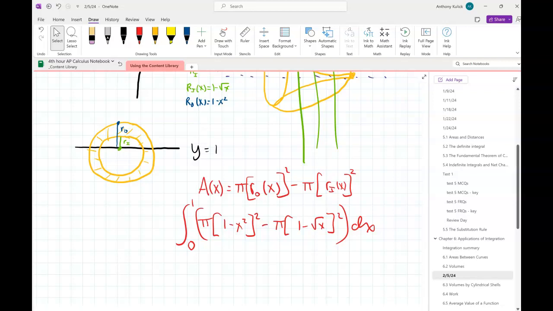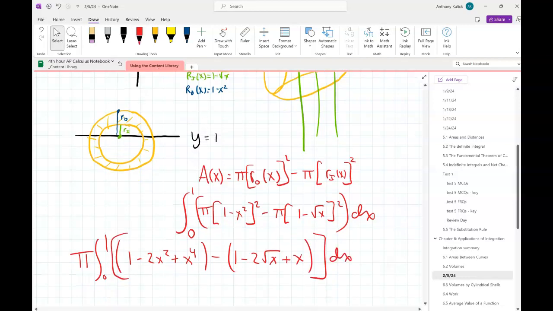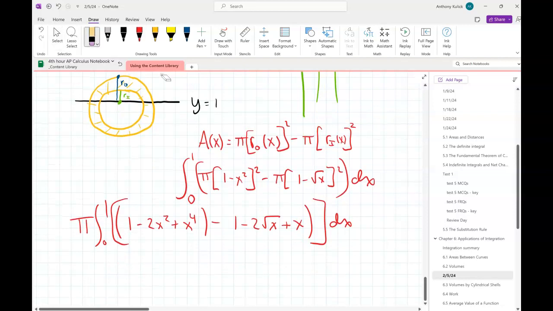I'll save everybody the time. That's the correct setup. How should we go about integrating this? Yeah, I like that plan. And I can distribute that negative through, right?